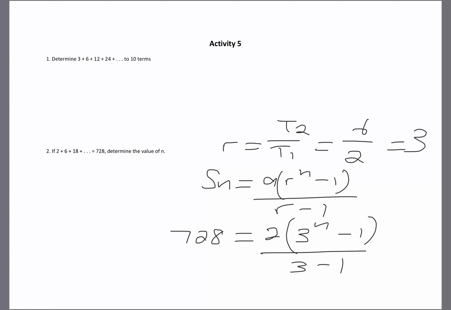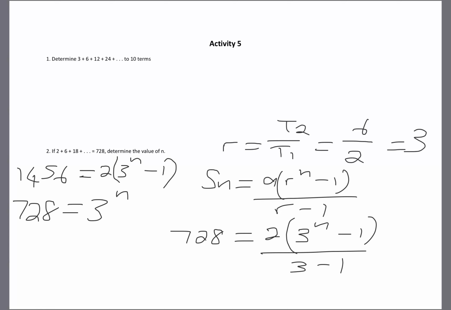That's going to give me 1456 is equal to 2 times 3^n minus 1 over 2 minus 1. And then I divide by 2 on both sides. And then I take my n this side.